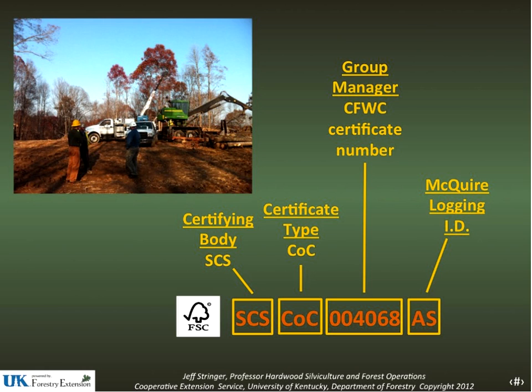Just like in the case with the woodland owners, this number identifies this particular logger, or this industry, that's handling this certified material. And these numbers become important. I'm going to show you how they're going to be used here in a minute in this tracking procedure as you go through the supply chain.